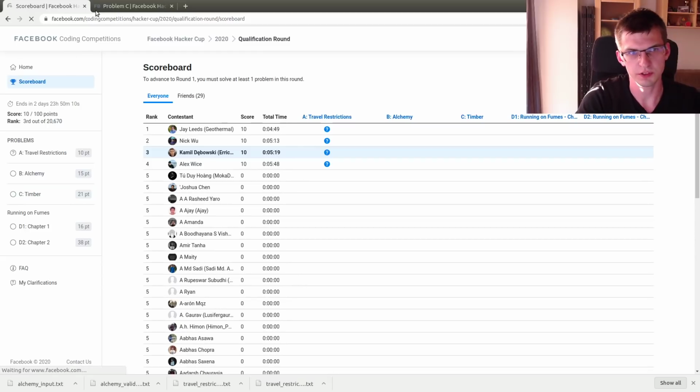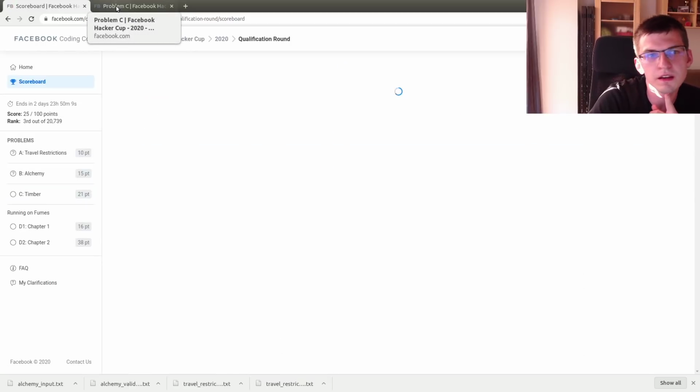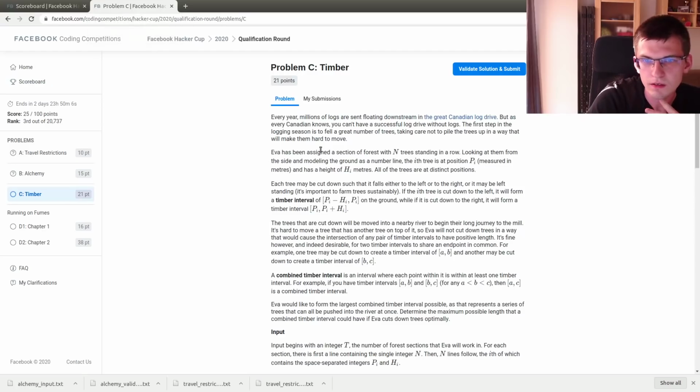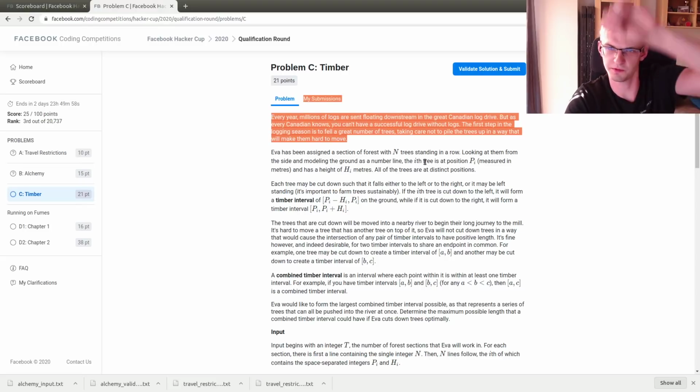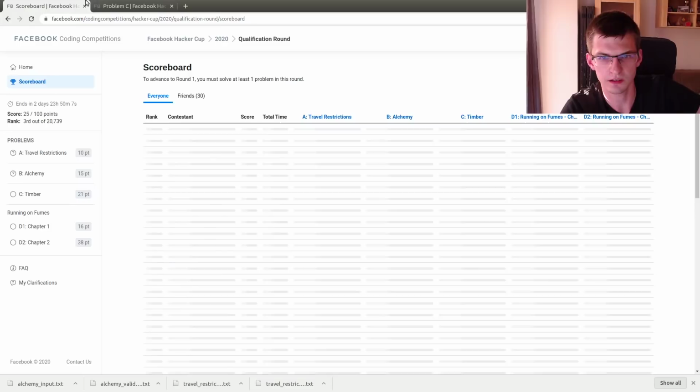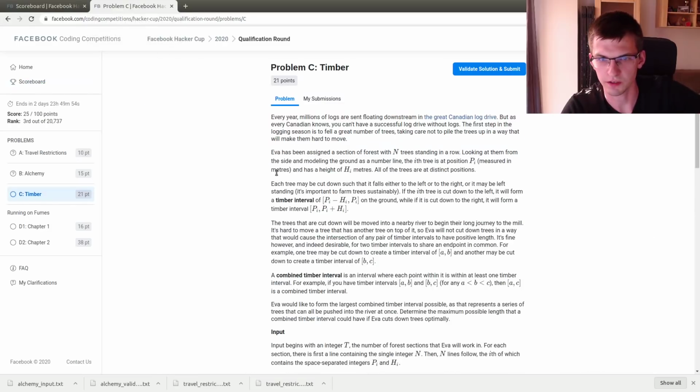Timber, what about the scoreboard? Am I winning? Skip this. There are entries, entries being vertical segments. I'm not winning.